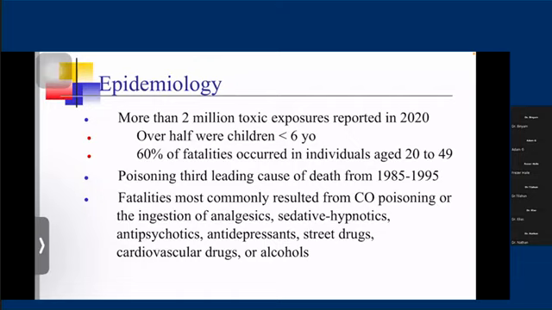Overall, more than 50% are children, and 60% of fatalities occurred usually at the age of 20 to 49. This epidemiology also goes with other studies done in local setups, where most of our patients are under 30, and more than 50% are male.